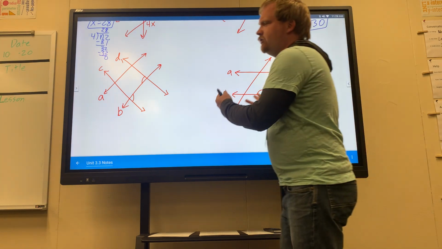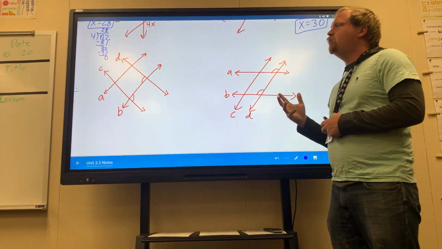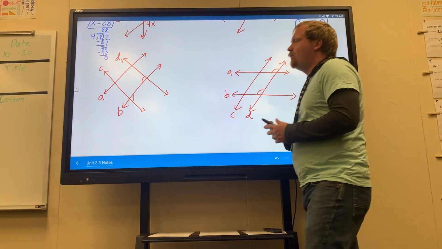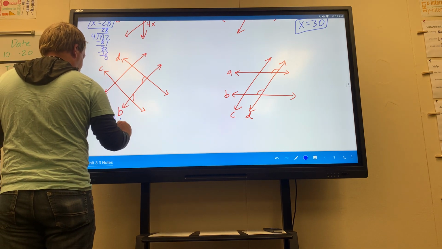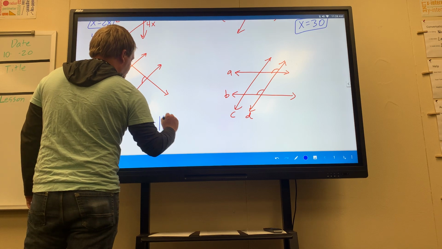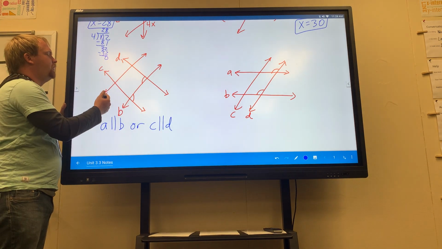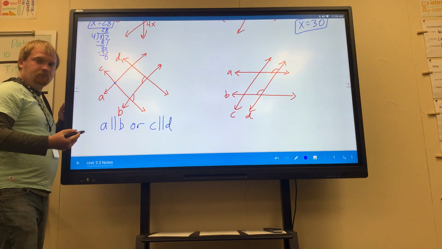Now these last two, I want to determine what two lines are going to be parallel to each other. Okay? So I got the option of either A is parallel to B or C is parallel to D. Now, I can't say that C is parallel to A because if you look, this is where they intersect, right?